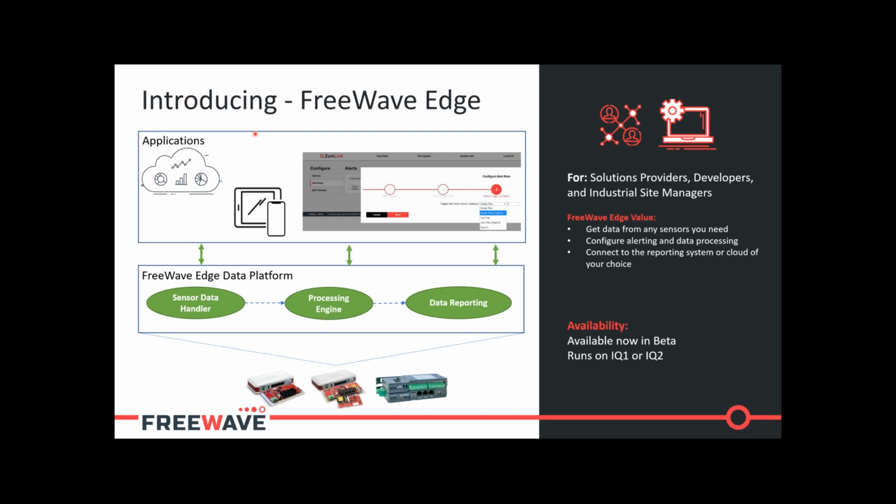You see the screenshot here with the Zum device website. So this is available now in beta form. It runs on IQ1 and IQ2, and we would definitely be interested in getting your feedback on it. So contact your sales rep if you're interested in some more detail there.